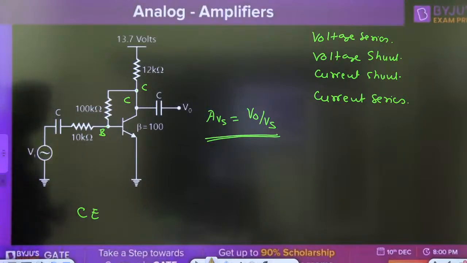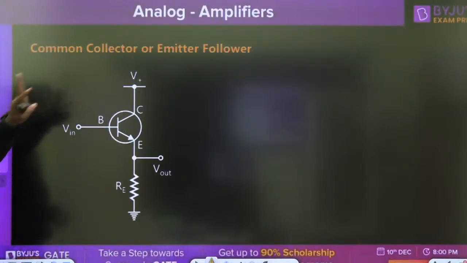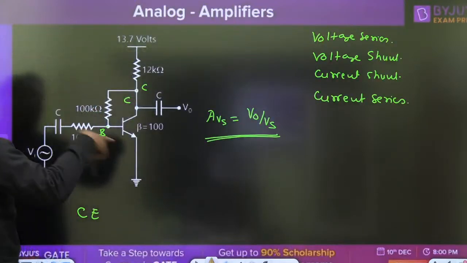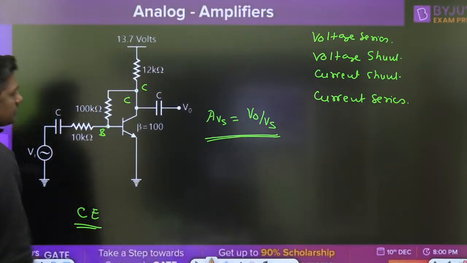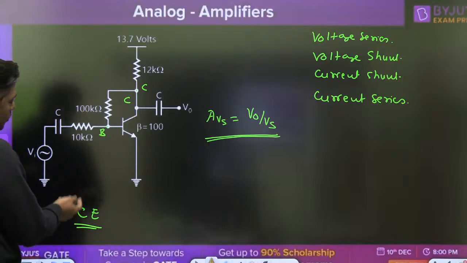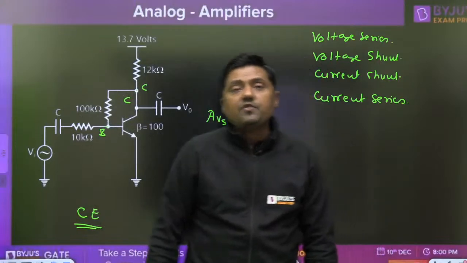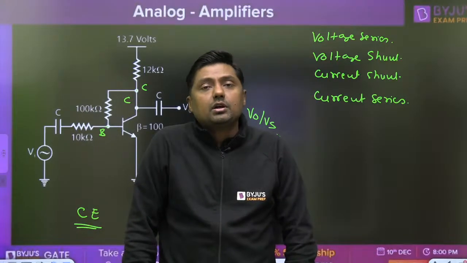So fifth type of question, right? Then common collector. So this is the fifth type from the common emitter configuration. Most important and popularly used configuration is what? Common emitter configuration. 180-degree phase shift we are getting in common emitter.